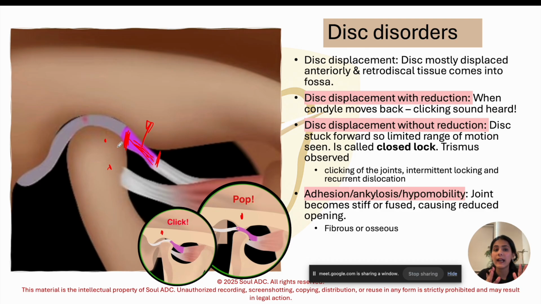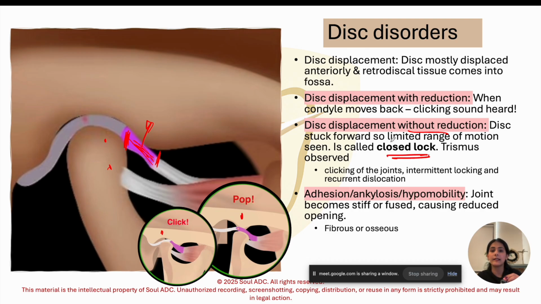Just imagine your condyle is sitting back, and your disc is stopping the way, like a door in front of it, not allowing it to go ahead. Then your jaw will lock in that position, closed. If it is exactly at the back position and has not been able to come forward, we say it is closed lock. So without reduction, we are talking about closed lock.